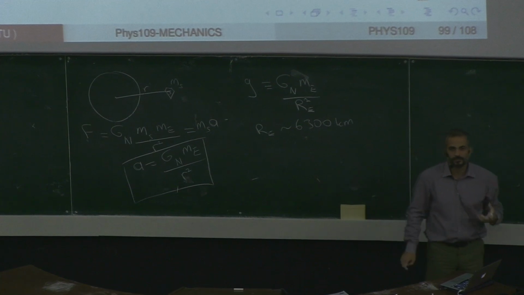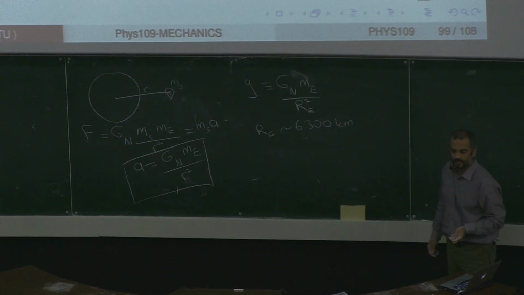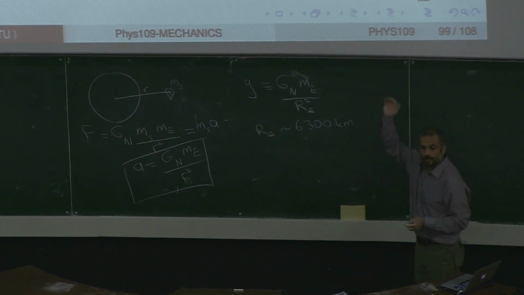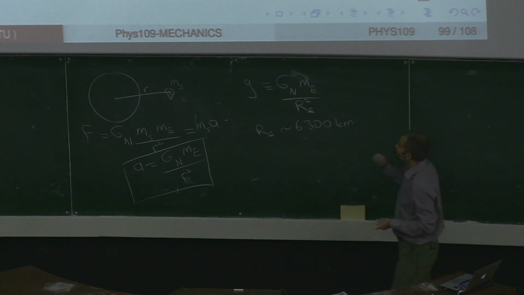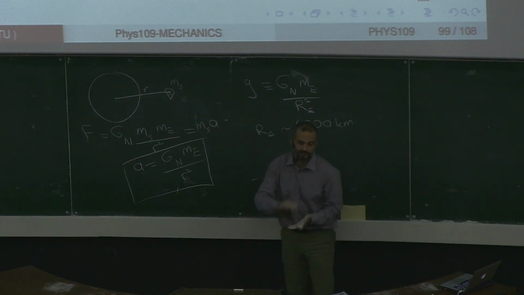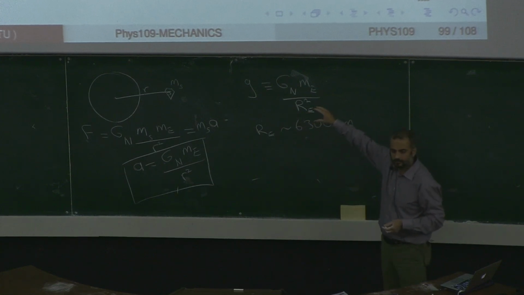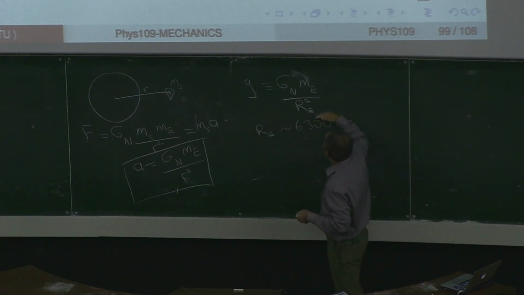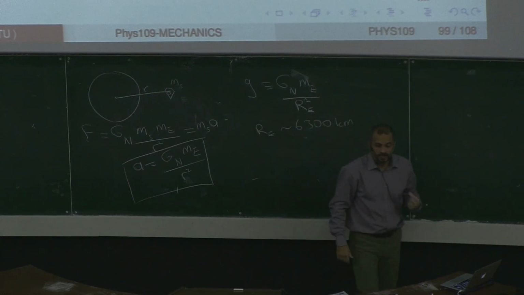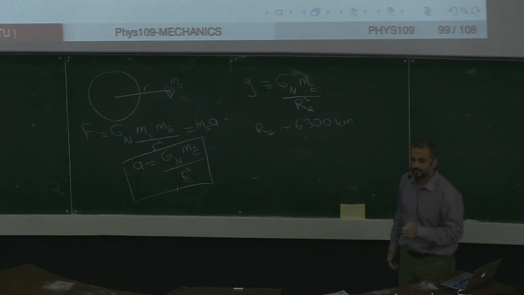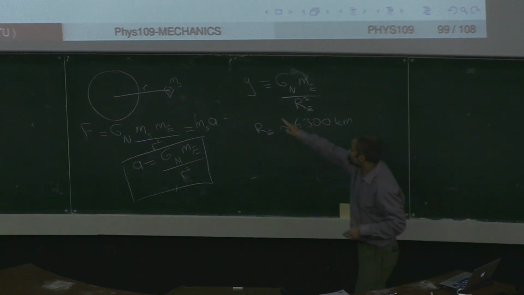For most equipment, it will be just negligible. So you can say that from the surface up to 10 kilometers, the gravitational acceleration is almost constant. And this is the gravitational acceleration that we measure, which is 9.8 meters per second squared. So this is something we measure.